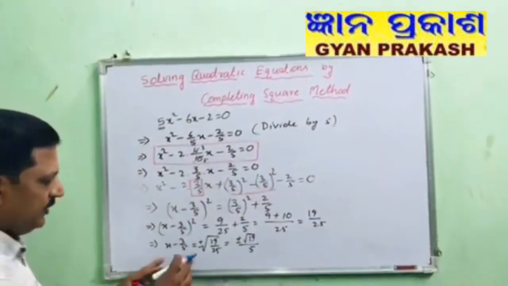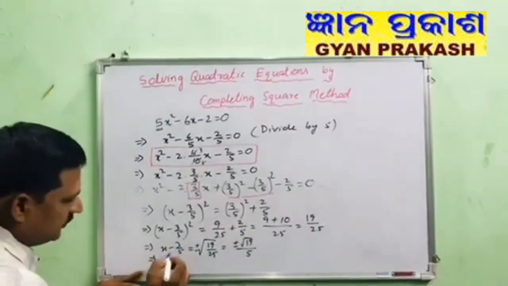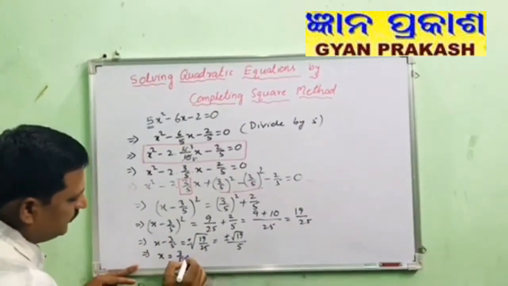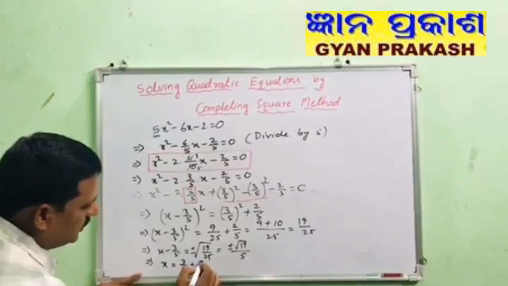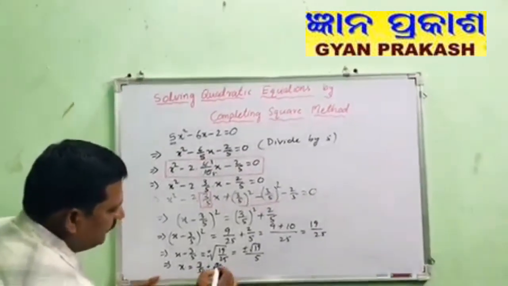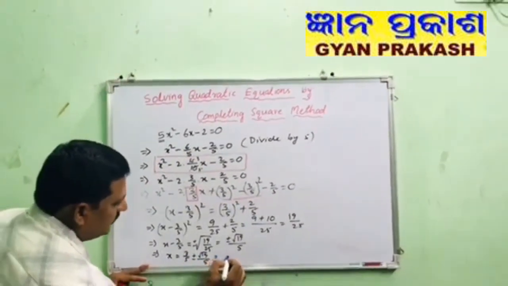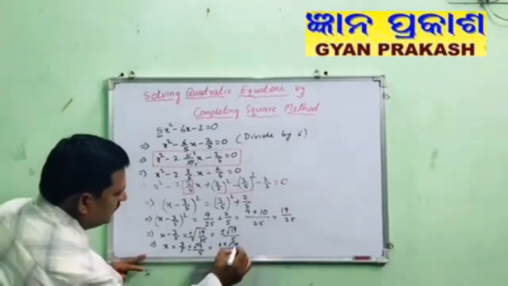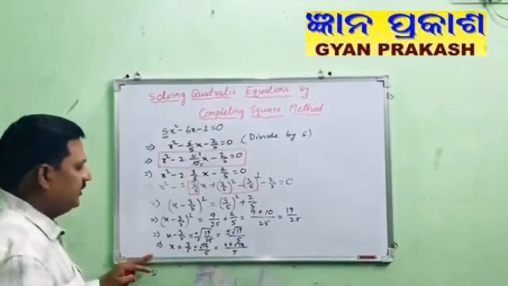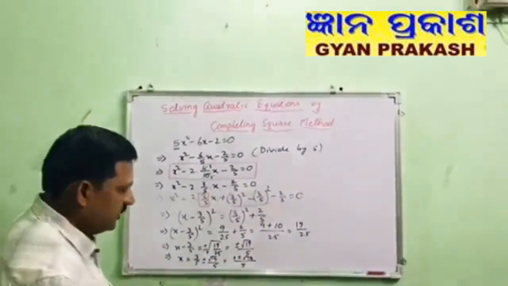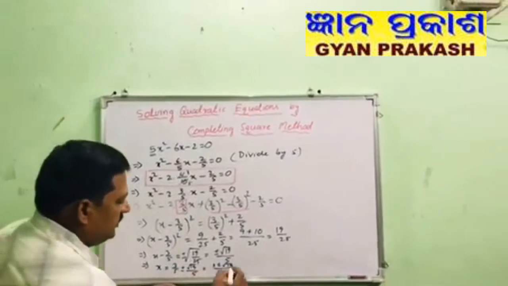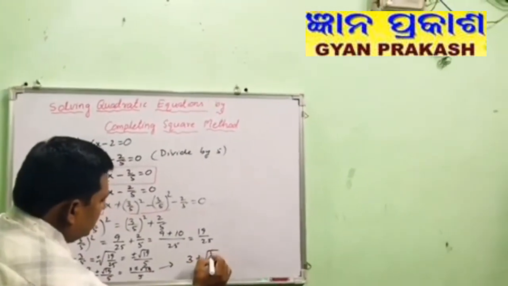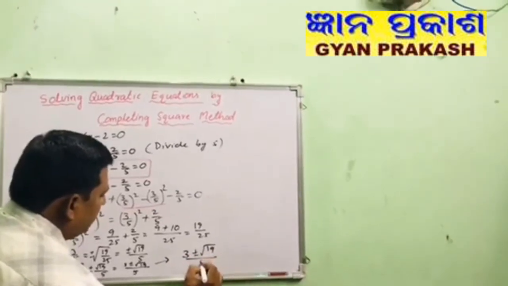From here, what we have as x is 3 by 5 plus or minus square root of 19 by 5, that will give (3 plus or minus square root of 19) by 5. So the final answer is (3 plus or minus square root of 19) by 5.